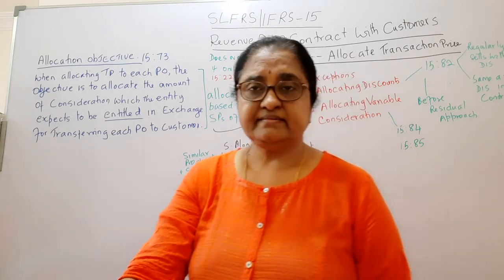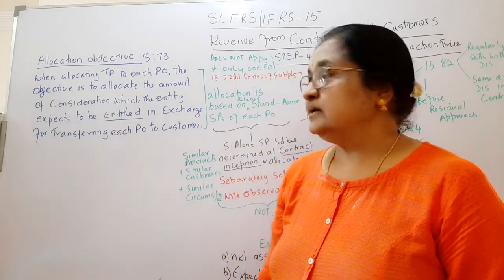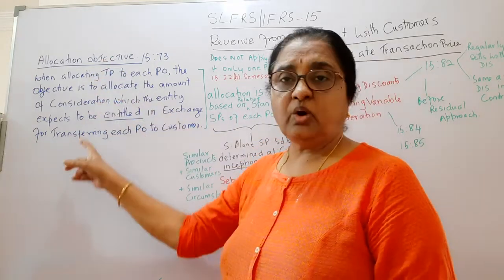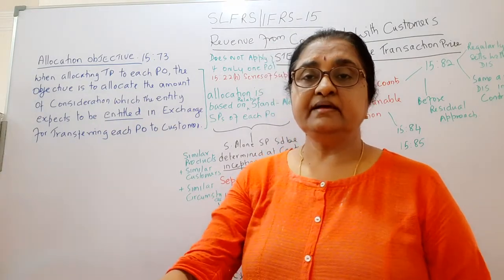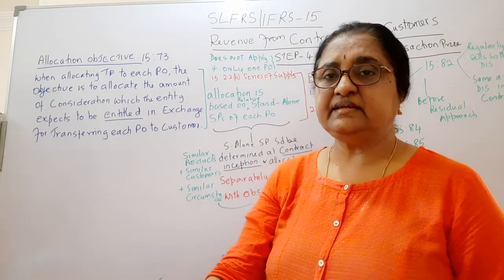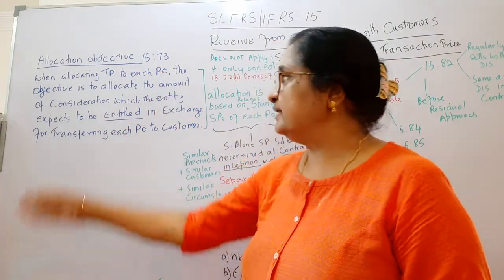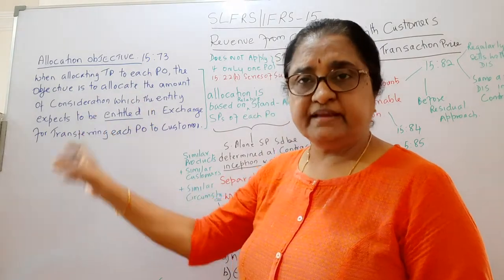So the standard says that when you are allocating the transaction price, it should satisfy the objective of IFRS 15 or SLFRS 15 stated in para 73. I'll read that out in brief form.